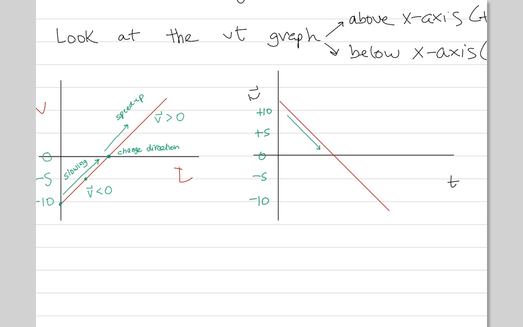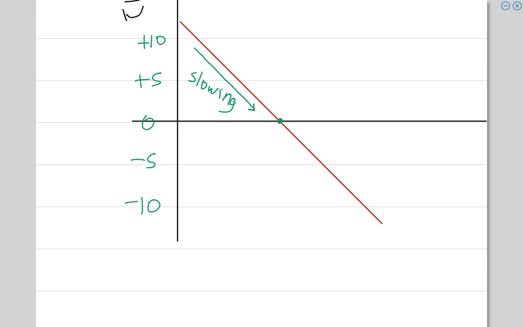So for that arrow, what do I write? Slowing or speeding up? Slowing. I'm slowing as I approach the x-axis. Now what happens at this, like, what do you want to call it? It's like a threshold point almost. At the 0, there's some switch that happens. Change in direction.